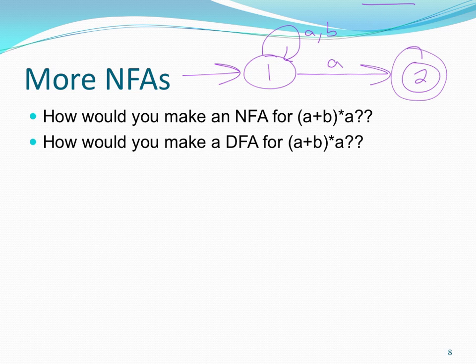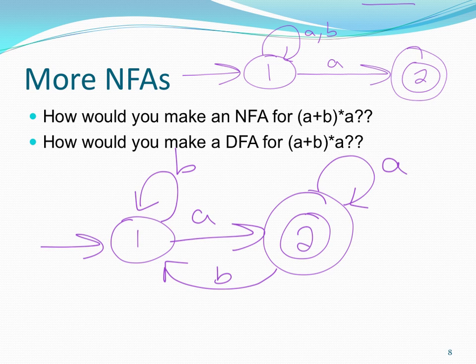But regardless, if we see an A, state 2 has to be an accept state, because we accept the string that's just the letter A. And once we get to state 2, if we see another A, we're okay. We can stay here. But if we see a B, do we have to go back to state 1? Because we can't stay at state 2 with B because we have to end with an A. So this doesn't look bad.